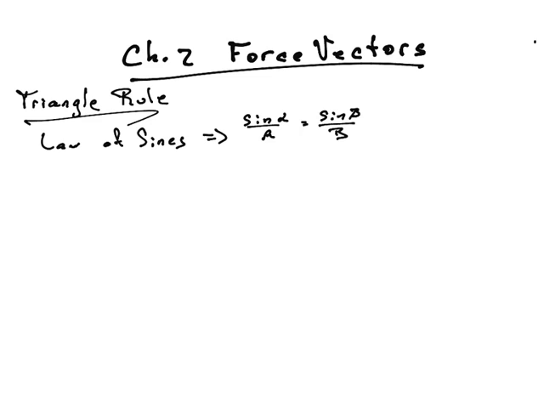Let's say we have a triangle that looks like this. Call this alpha, beta, and gamma. Then this would be side A, side B, and side C. So you can see alpha goes with A, beta goes with B, and gamma goes with C.